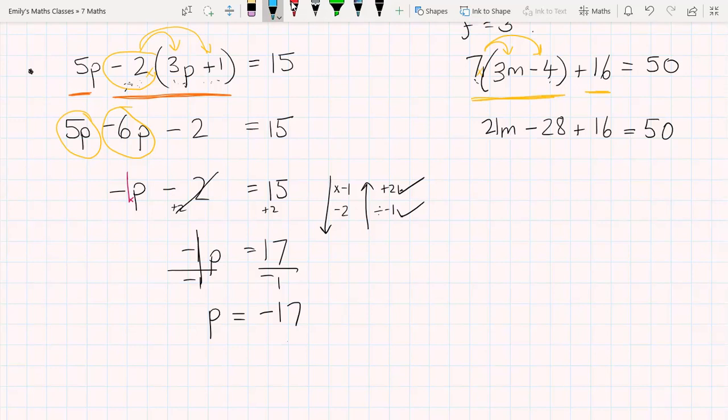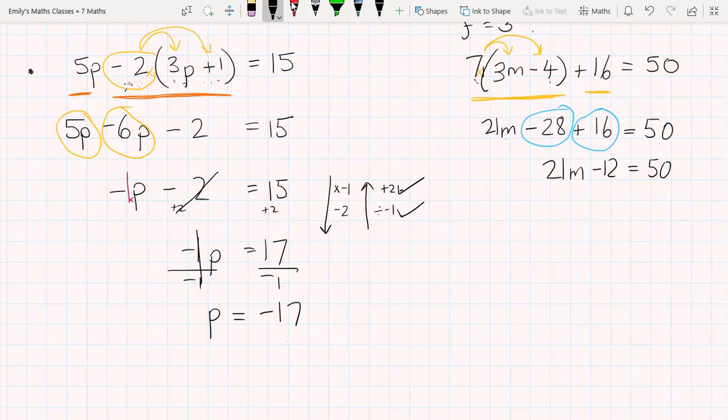This time we don't have any like terms that are letters, because there are no other terms with letters, but we do have like terms that are just numbers. That number is minus 28 and that number is 16. So minus 28 plus 16 is minus 12. This next line would say 21m minus 12 is equal to 50.